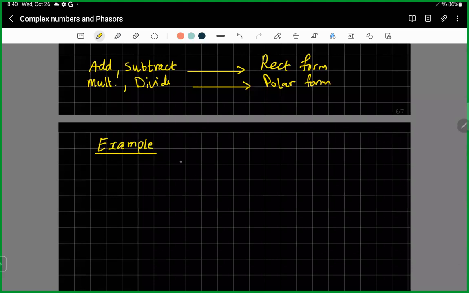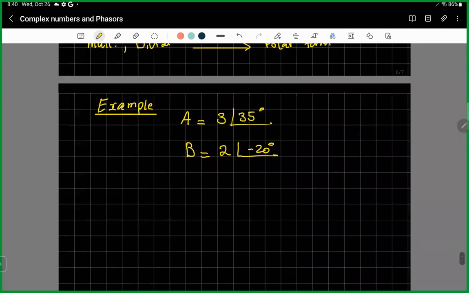Let's now say that A was given in polar form, with different numbers. Let's say it's equal to 3 and angle 35 degrees. And let's say B is equal to 2 and angle negative 20. I want to multiply and divide.